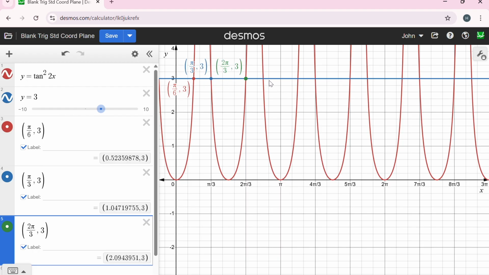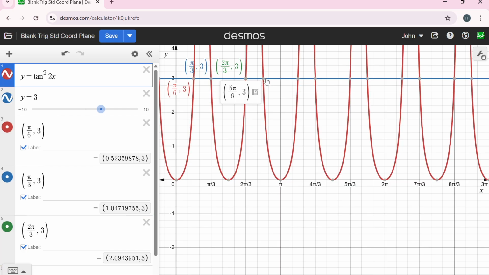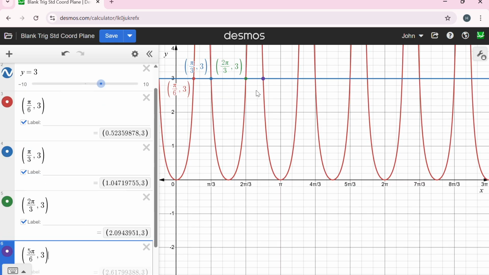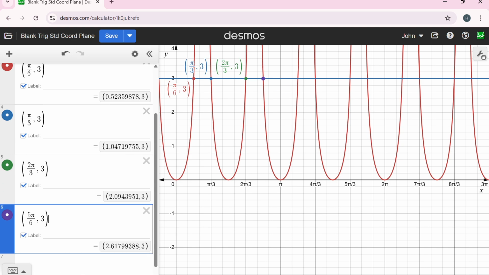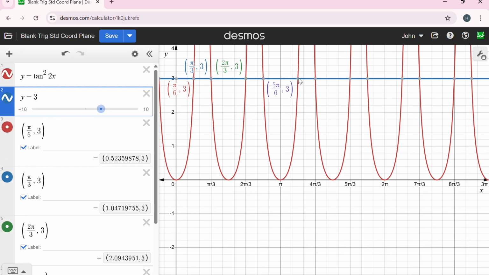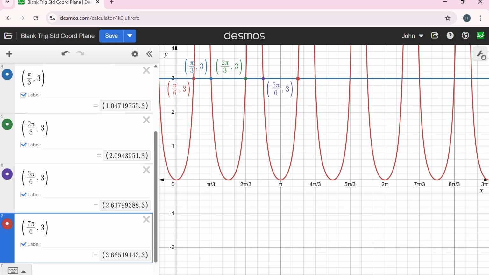Let's label that. I have 5 pi over 6. So it looks like I have a solution that varies by pi over 6.